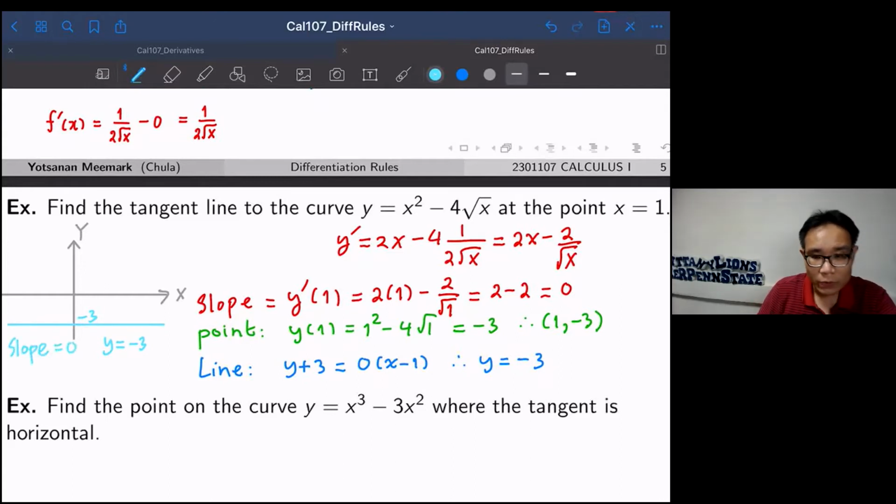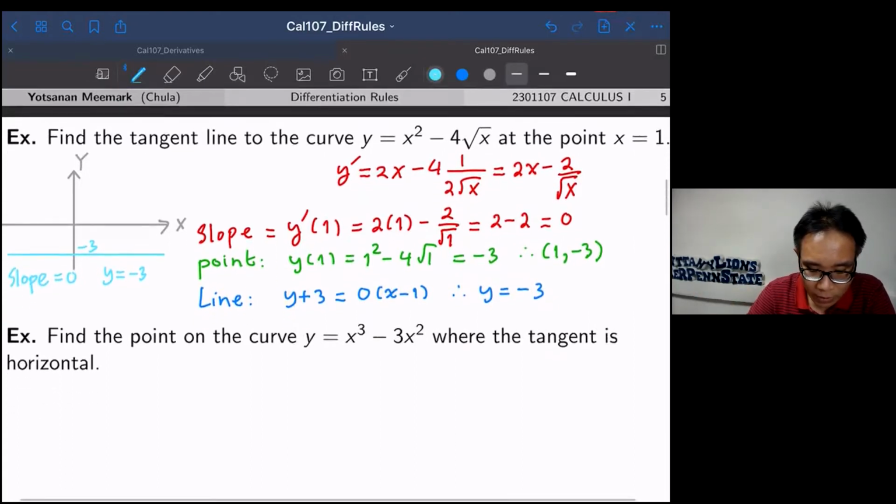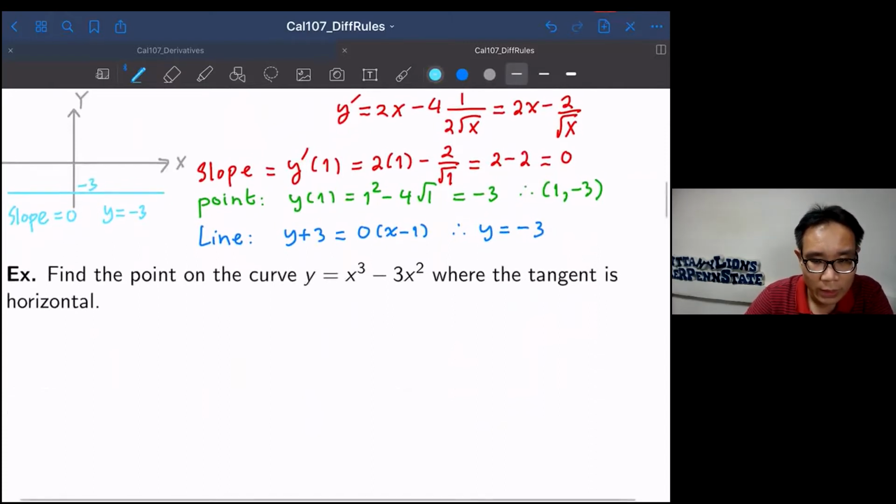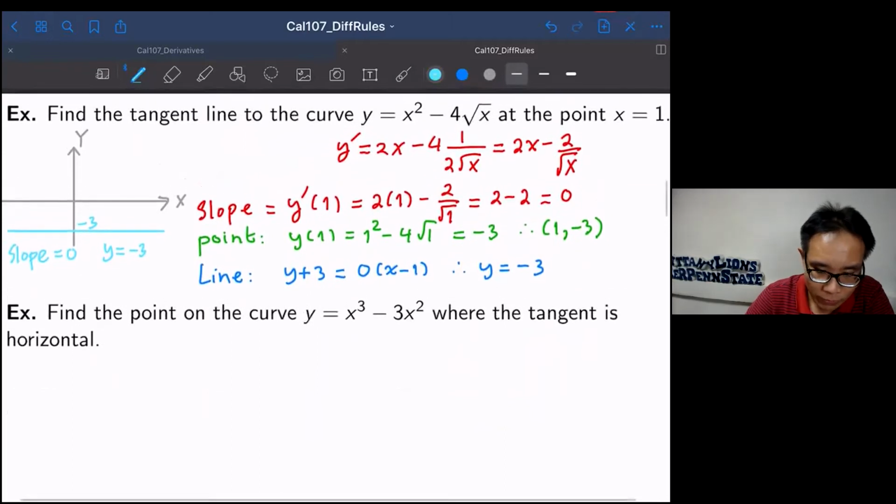Okay, when you have slope equal to 0, you should think that you get a horizontal line, which is a constant line. The last one for this topic, we'd like to find the point on the curve where the tangent line is horizontal.